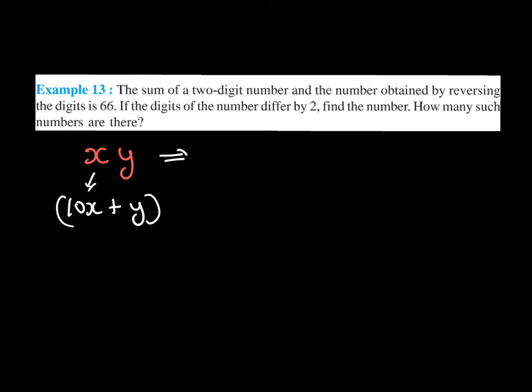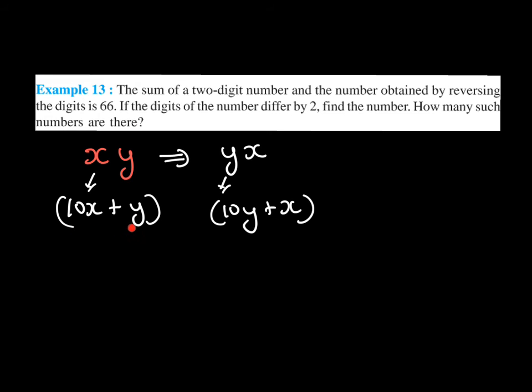Now when we reverse the number, the digits become yx. So the value of y now is going to be 10y, and the value of x is going to be x. The question says the sum of the two-digit number and the number obtained by reversing the digits.